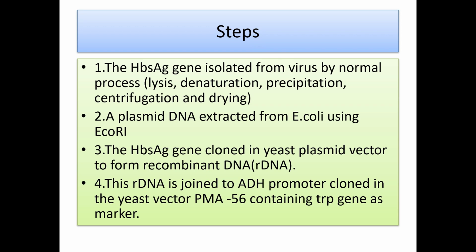Then we clone this hepatitis surface antigen gene in a yeast plasmid vector to form recombinant DNA. Then this recombinant DNA is attached to the promoter, ADH promoter, that is alcohol dehydrogenase promoter, and inserted in yeast vector pMA56, which contains a marker gene, tryptophan.